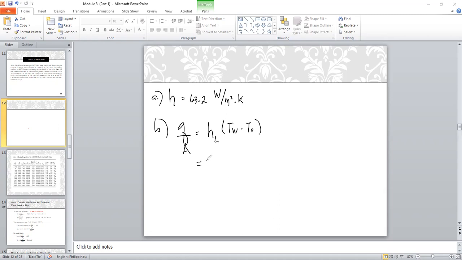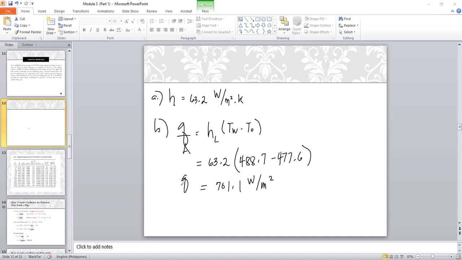So you use the value that you got in A for the heat transfer coefficient, then the wall temperature, which is 488.7, and then the bulk temperature of the fluid, which is 477.6. So now you have the heat flux value, which is 701.1 watt per square meter.